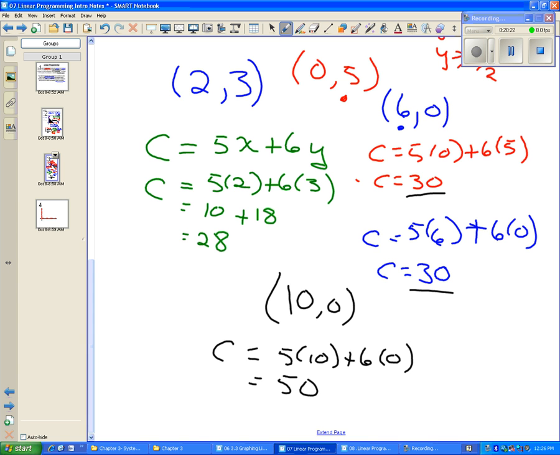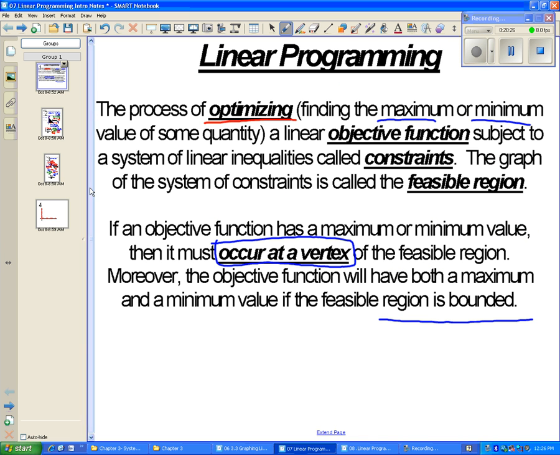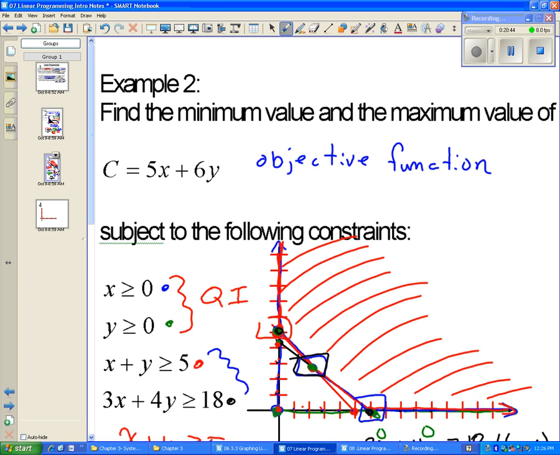Now this is confusing. I know I'm confusing you. The very first slide says that the maximum or minimum values must occur at vertices if it's a bounded region. Go back to the third slide.